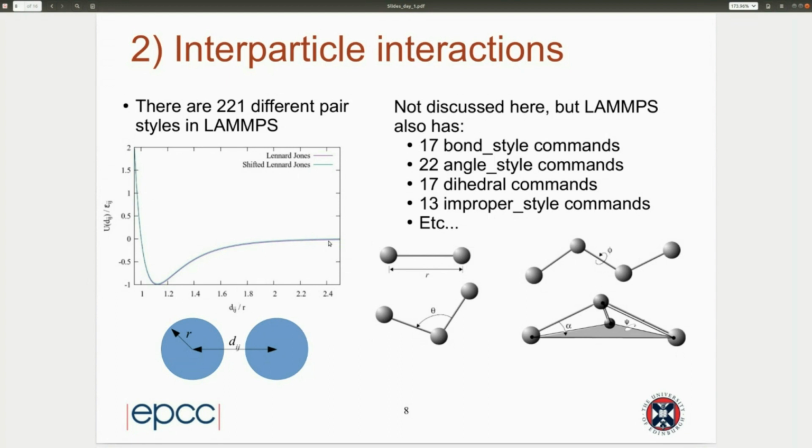However, doing that can cause a discontinuity in the energy profile. In this case, if we were to just not consider any particle interactions when they're more than 2.5 sigmas away from one another, 2.5 particle diameters, you could have the edge case where a particle is 2.51 sigmas away from another particle and moves to 2.5, and it would go from zero energy to suddenly having an energy jump.